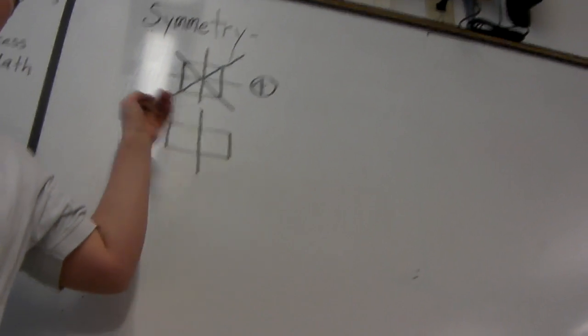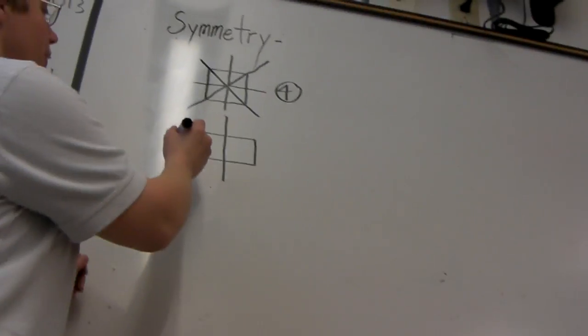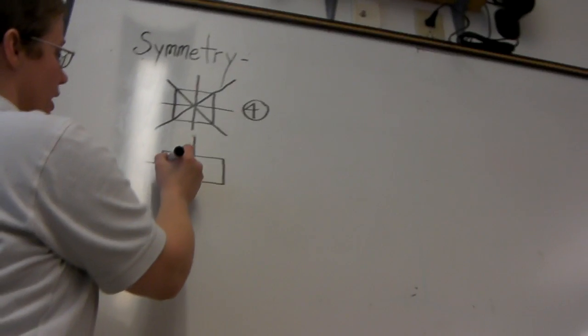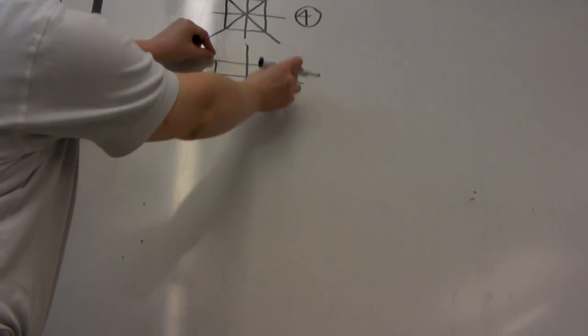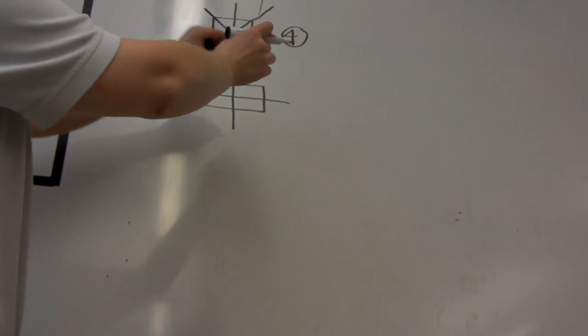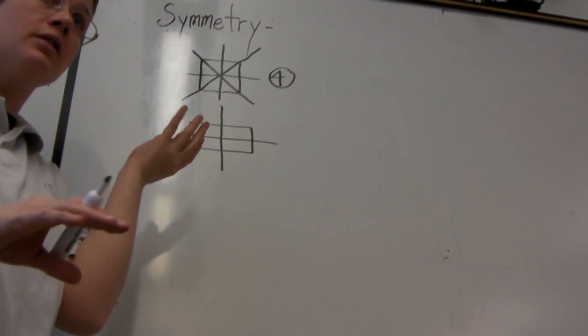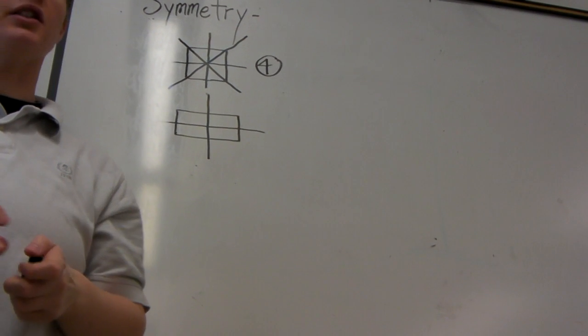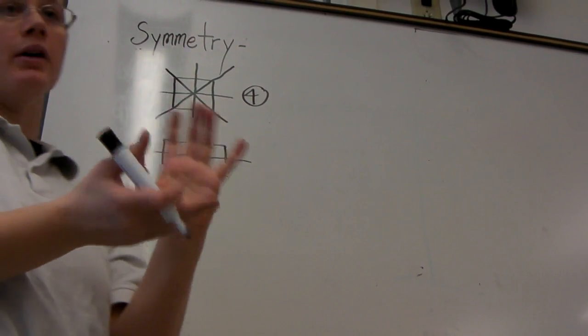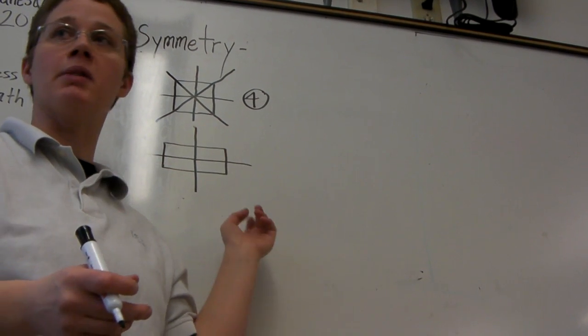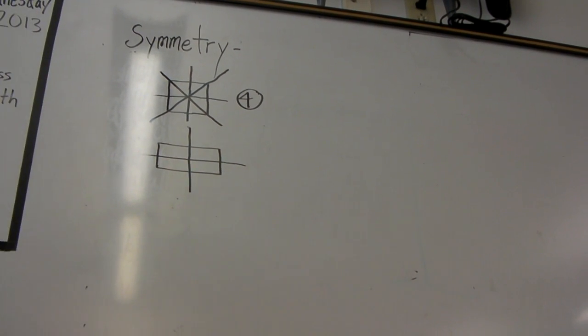We can even try this with some paper. Right now I'm just demonstrating some examples. And I could also fold it in half from top to bottom. But if I try to fold a rectangle corner to corner, it's not going to match. It's going to be all cockeyed and all over the place. These are things we have to play with paper a little bit, so you can make your own shapes and see.